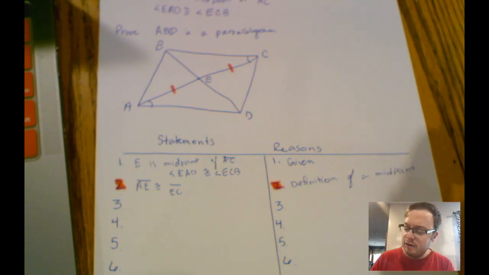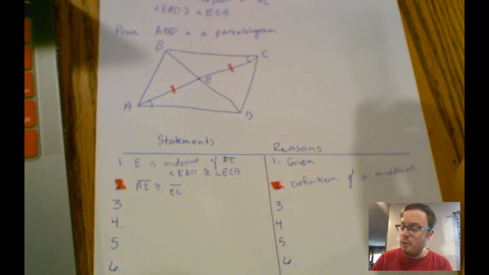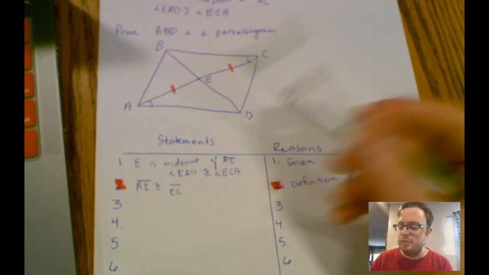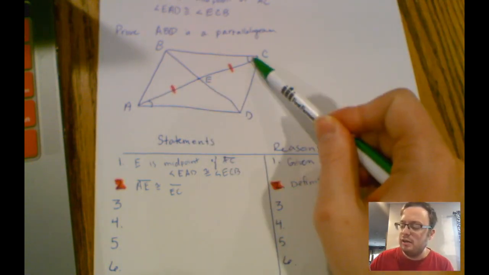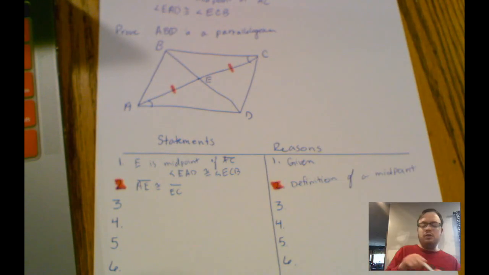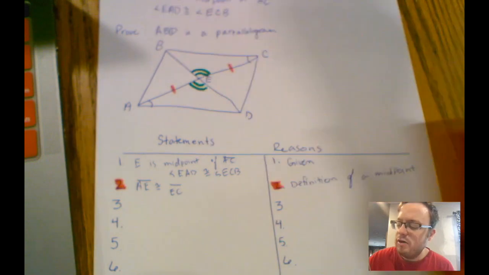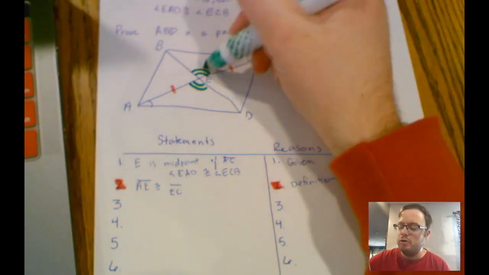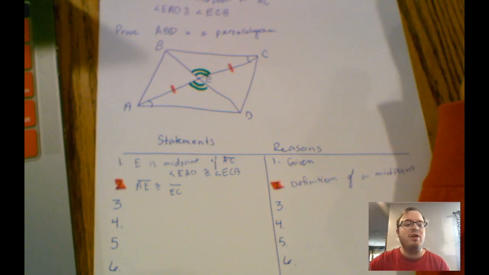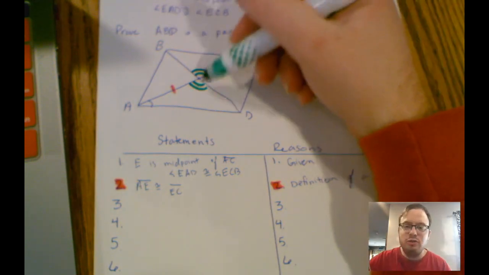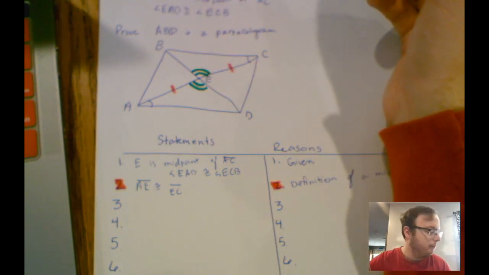From there, we have to remember that I have other angle relationships here besides this angle and this angle. I also know, and I'm going to do this in green, that this angle here and this angle here are congruent. And I want to make you think: why are these two congruent?